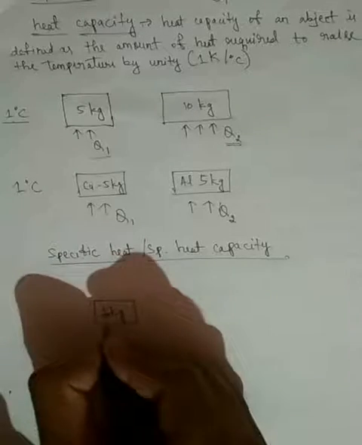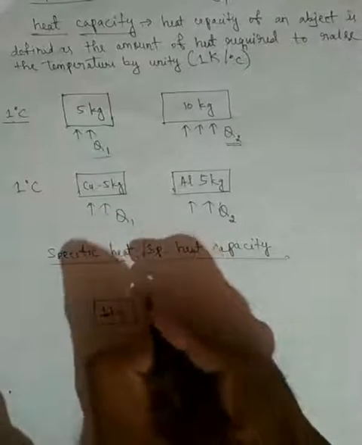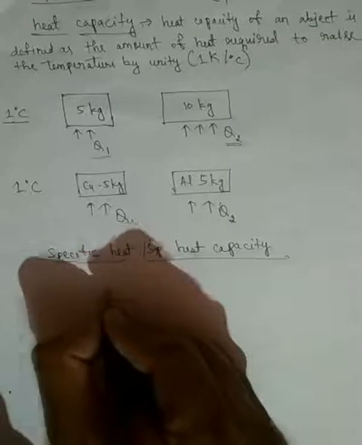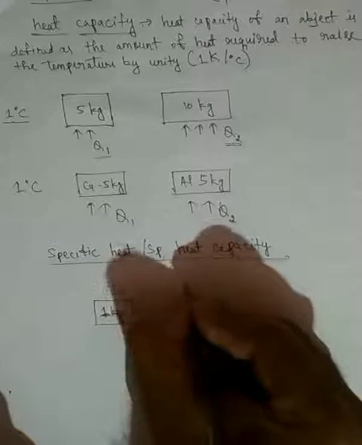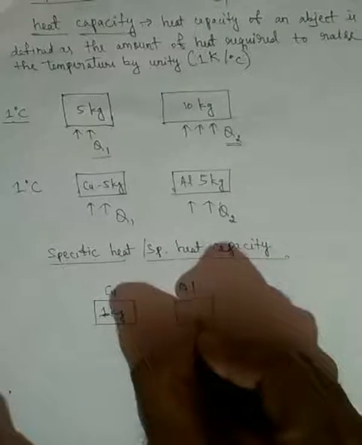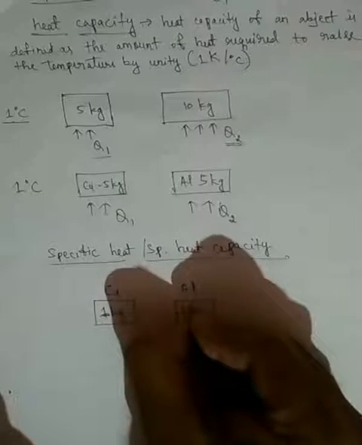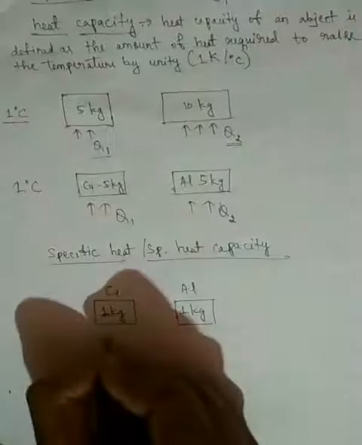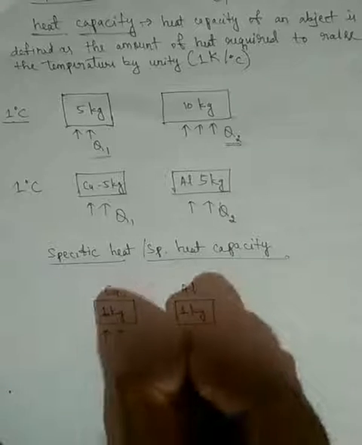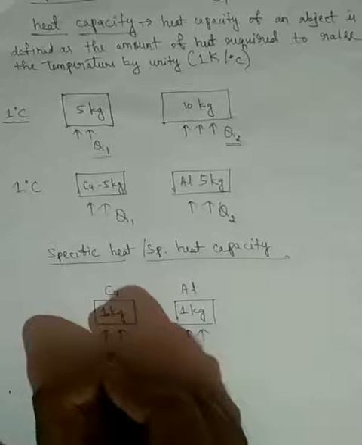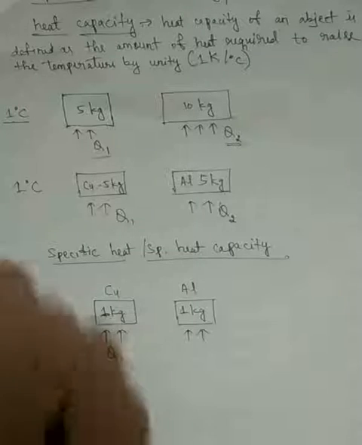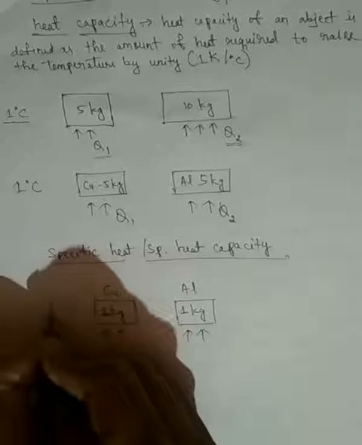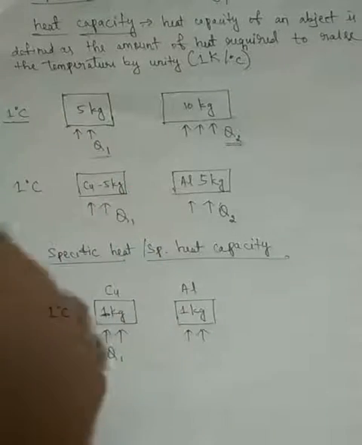Then it becomes specific. So let us take copper 1 kg, aluminium 1 kg. We are considering solid materials. Let us apply heat for copper, equivalent to Q1, which raises the temperature of copper by 1 degree Celsius or 1 Kelvin.